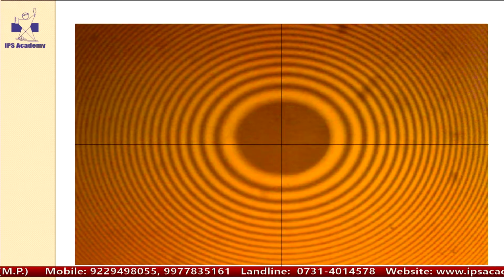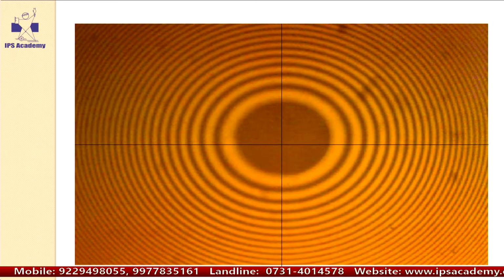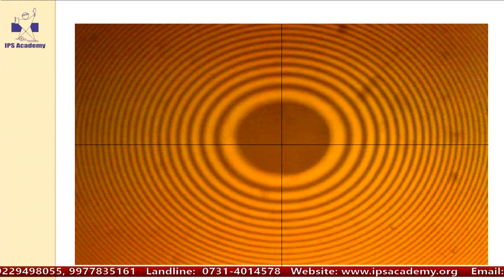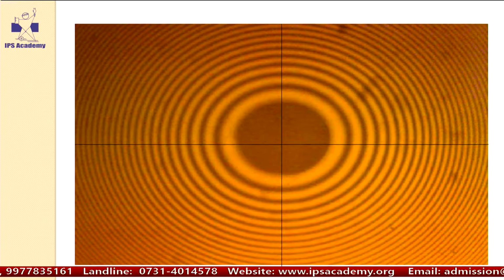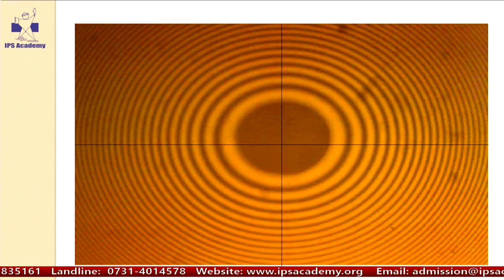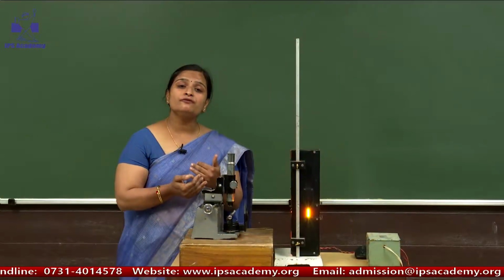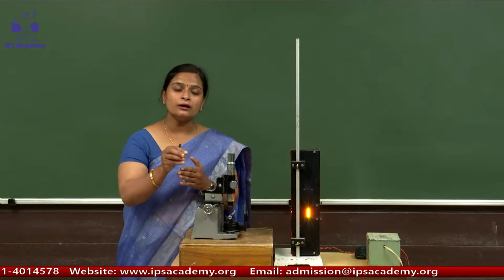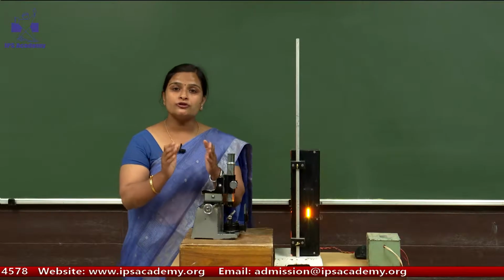Initially you can see in the rings which I have observed here, there is a cross wire at the center. You can see that there is a gap between the initial rings, and thereafter the rings are very close to each other. So we have to take the reading after the fifth ring. We cannot take the reading from the first ring because of this gap.